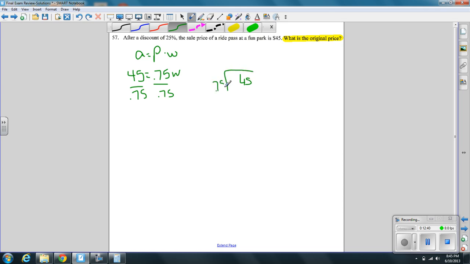Okay, now we move this decimal point twice to the right and we move this decimal twice to the right. We get an answer of 60 equals W.